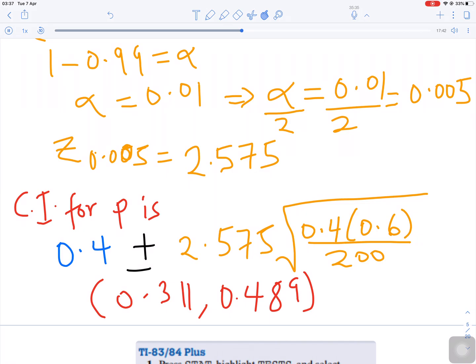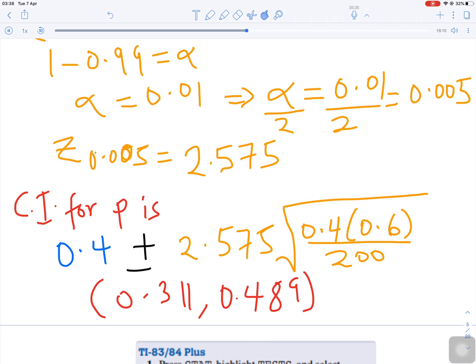Right. So with that done, we can now construct our confidence interval. And mind you, that will be the point estimate plus or minus, so 0.4 plus or minus 2.575 times the square root of, so our p cap is 0.4, 1 minus p cap is 0.6 because 1 minus 0.4, divided by the sample size, which is 200. So when you subtract the margin of error from 0.4, that gives you 0.311. So that is the lower bound.